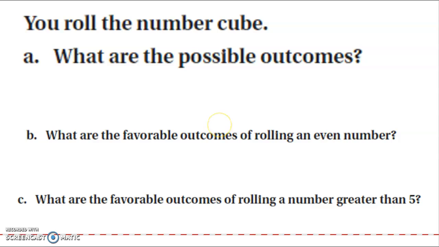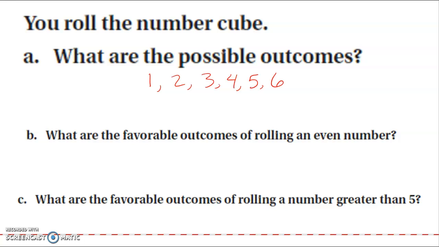You roll a number cube. Now, a number cube, for those people that aren't sure, those are like a dice, but we have to call them a number cube. It says, what are all the possible outcomes on a number cube? There's a 1, a 2, a 3, a 4, a 5, and a 6. So that is a standard number cube. So there's all the possible outcomes.